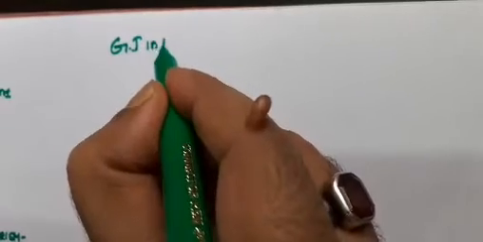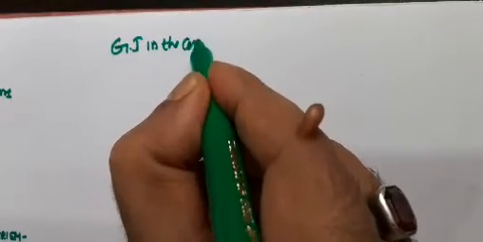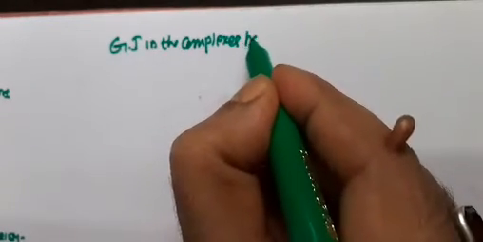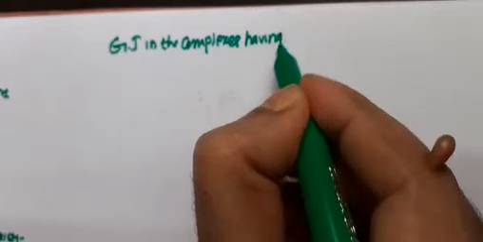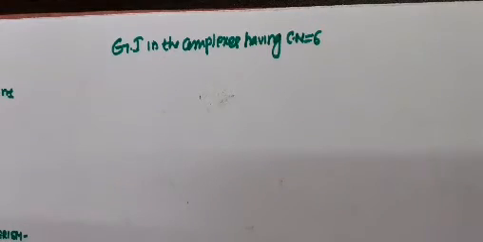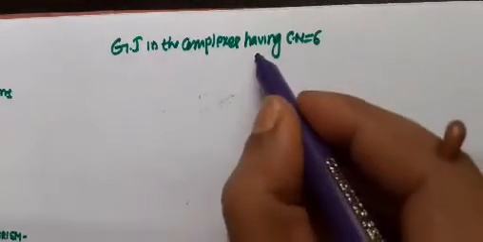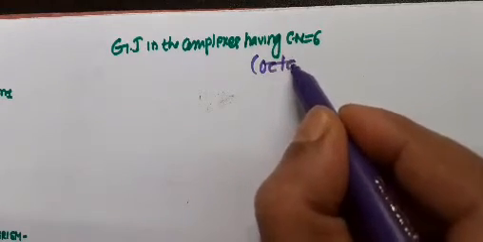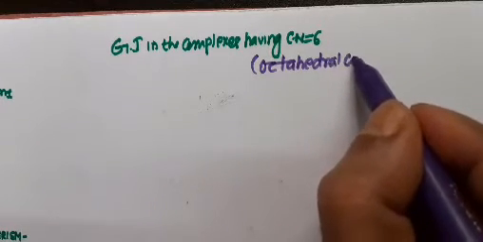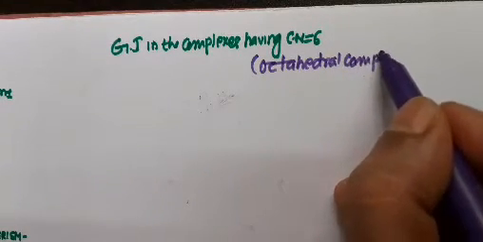Let's move on to the next topic, geometrical isomerism in the complexes having coordination number 6. In coordination number 6, all of us know that there will be octahedral complexes.